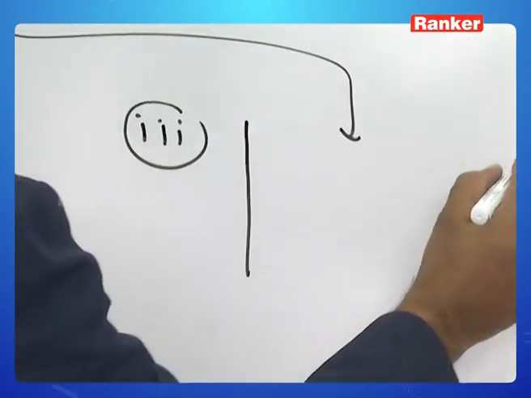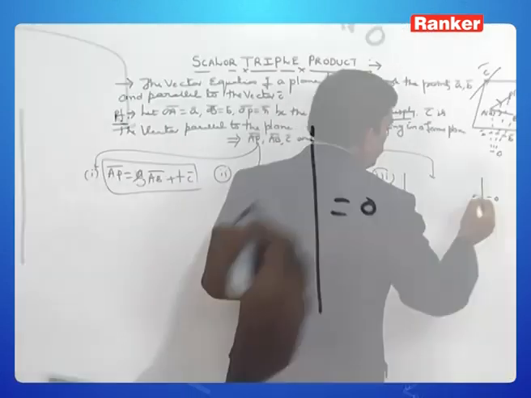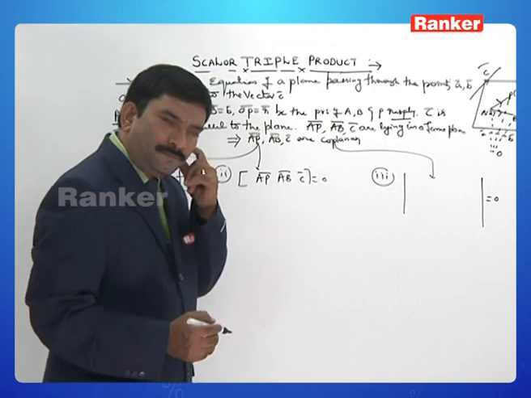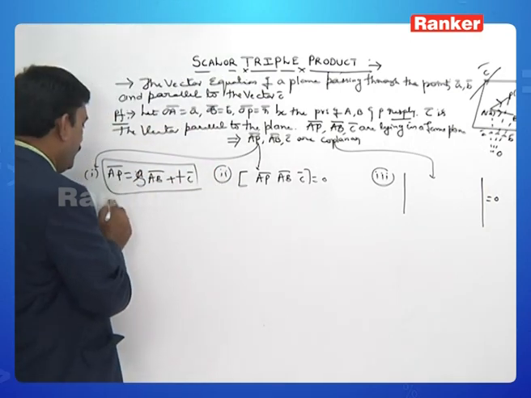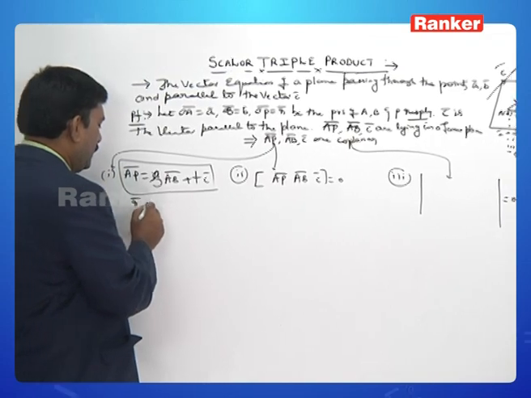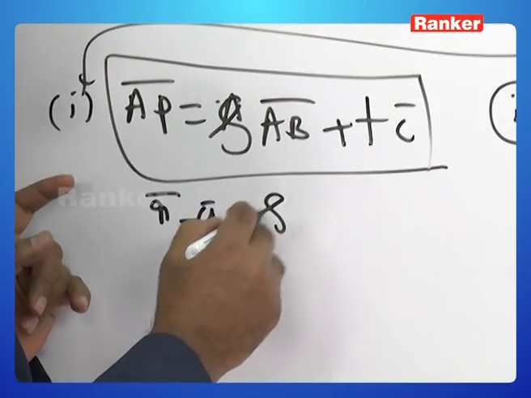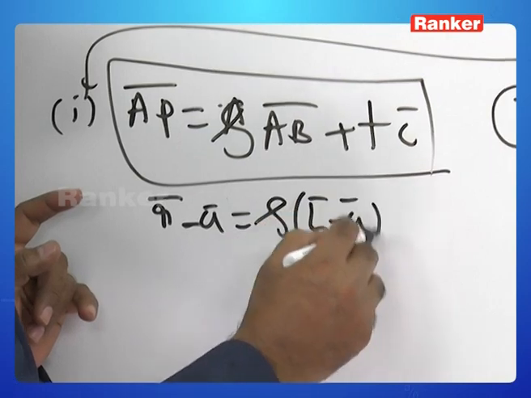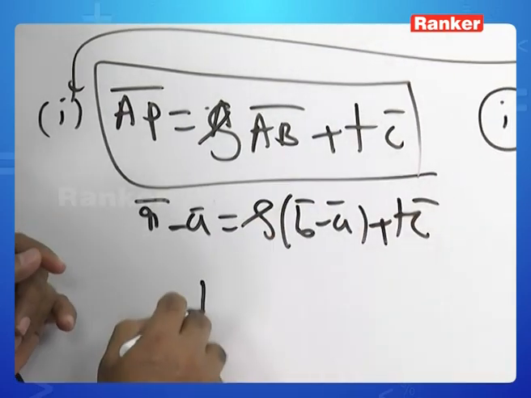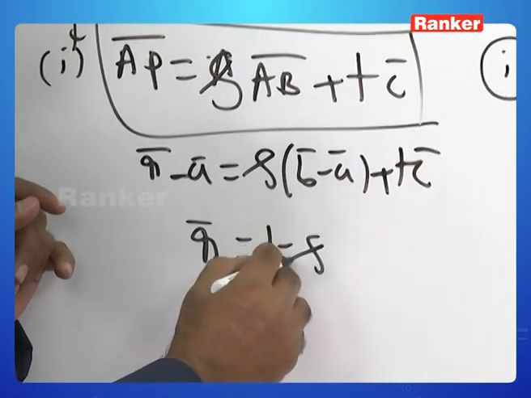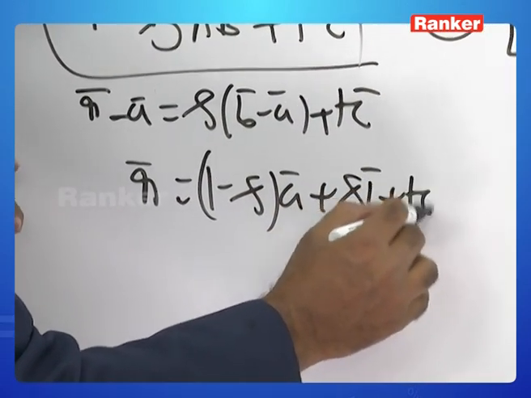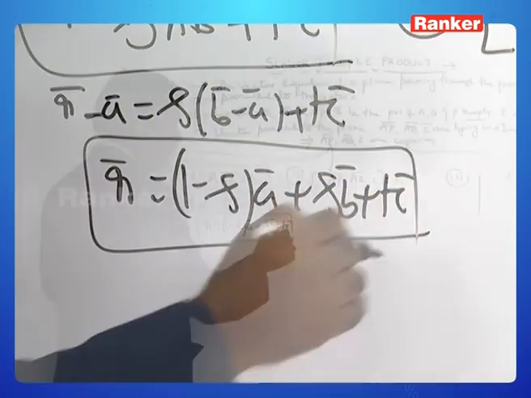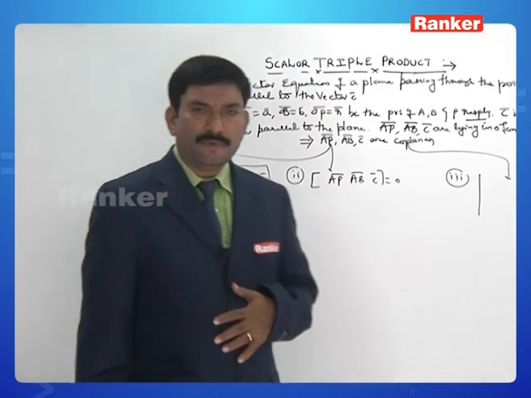Determinant is equal to 0. Now I can write AP bar as OP minus OA, R bar minus A bar, equals S into B bar minus A bar plus T into C bar. So therefore R bar is equal to 1 minus S into A bar plus S B bar plus T C bar. Followed.